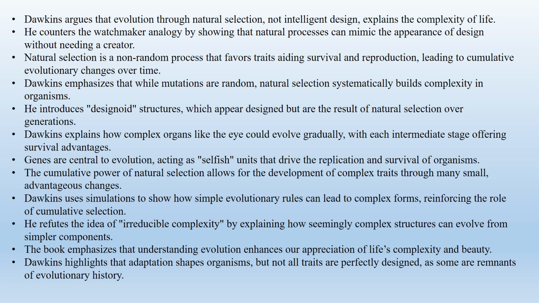For example, the bacterial flagellum, often cited as an example of irreducible complexity, can be explained as the result of the gradual evolution of simpler structures, each providing some benefit to the organism at different stages of development.